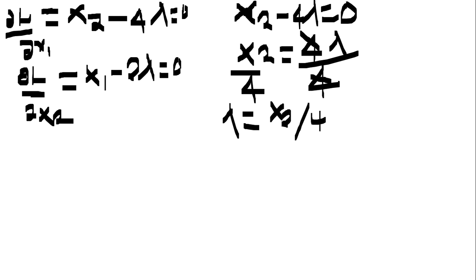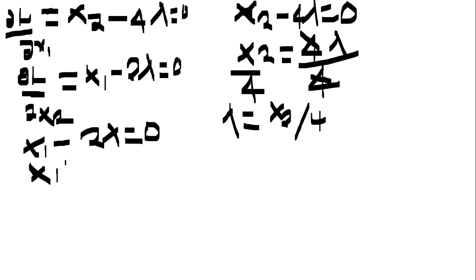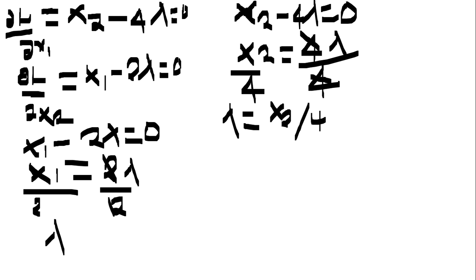We do the same in the other one: x1 minus 2 lambda equals 0, so x1 equals 2 lambda. We divide both sides by 2, then lambda is equal to x1 over 2.